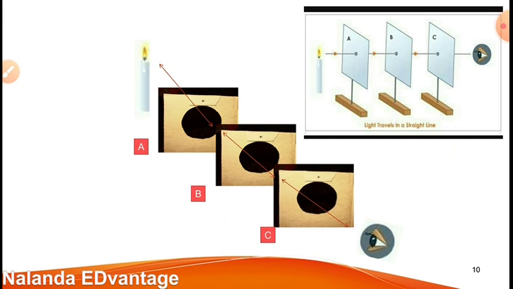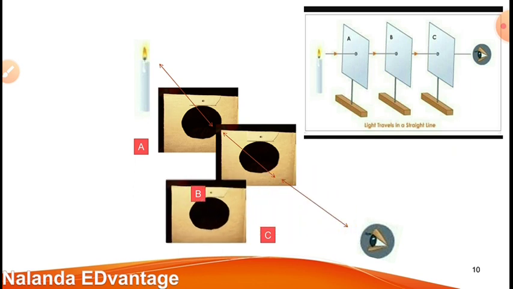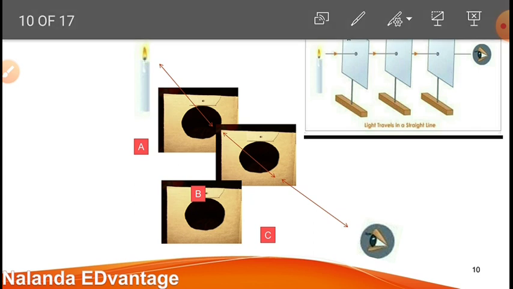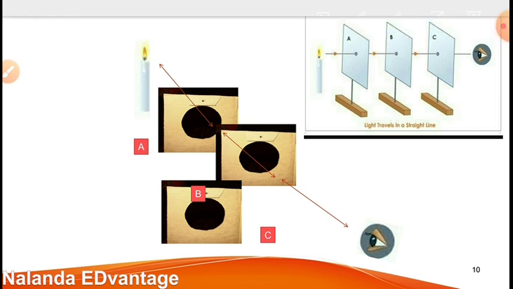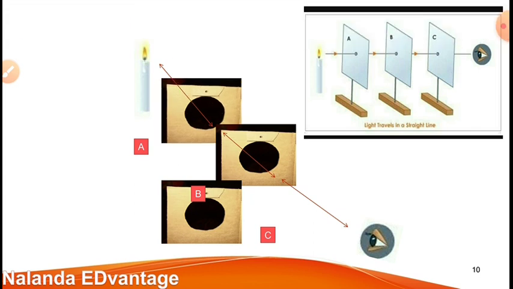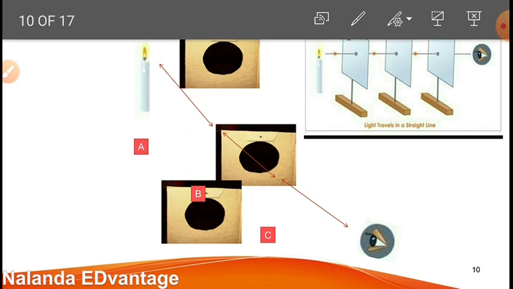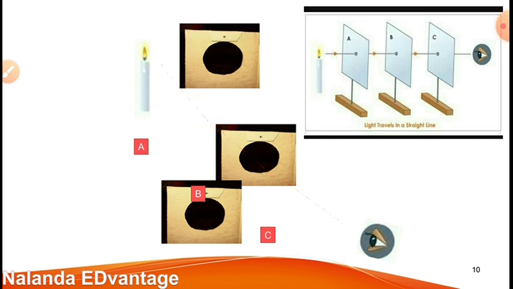But what happens when this cardboard is placed at a different location, such as like this? Now the observer won't be able to see the light rays coming to him or her directly.